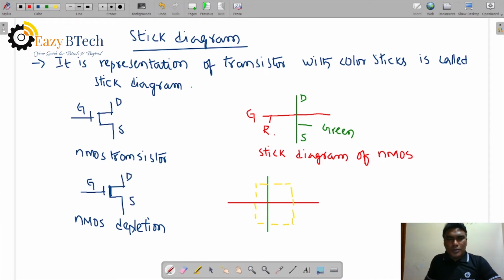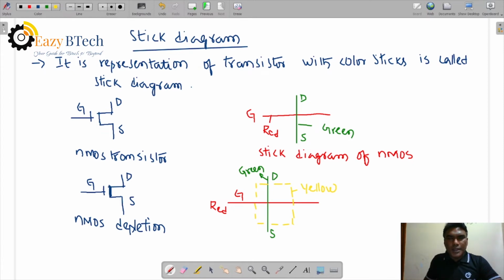The gate is red color, and the drain and source are represented with green color. So it is red over green with a yellow dotted line.